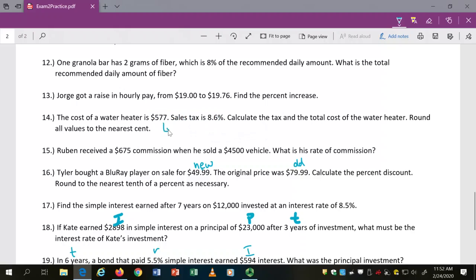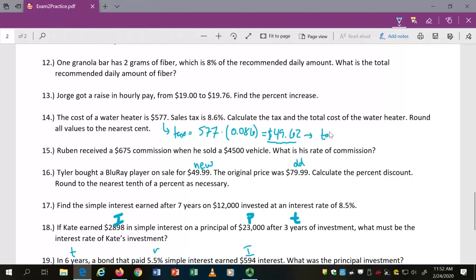Yeah, so the tax is you just take the price times the percentage, but like you mentioned, it's got to be in its decimal form, right? So it'd just be 577 times 0.086, and that would get you the tax, which would be 49.62. You'd round to the nearest cent because that's what we work in. And then that would be the tax.